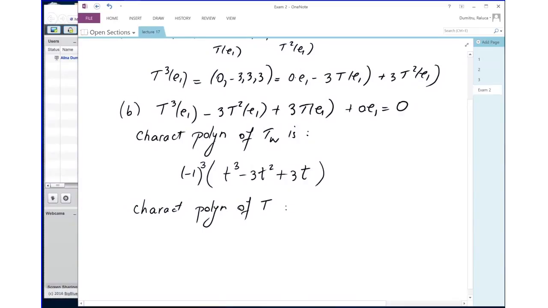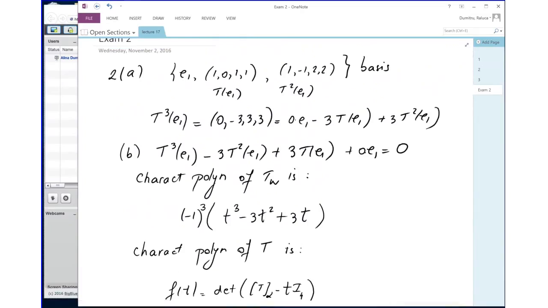So if you go back to T, the matrix of T in alpha minus t times the identity, where alpha is the basis for R4, right?